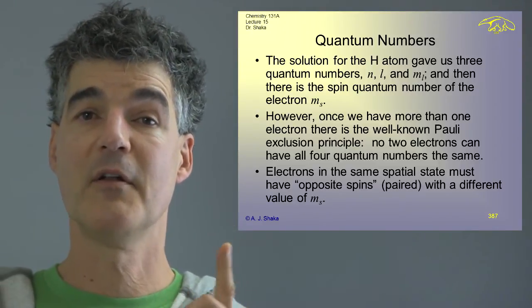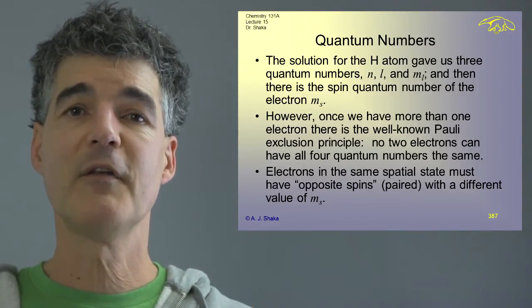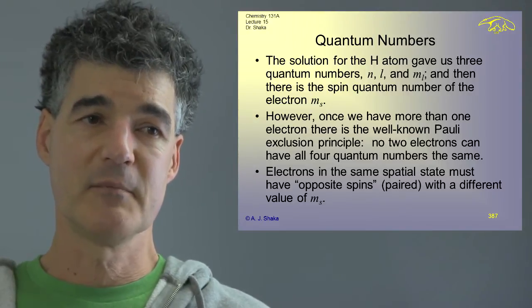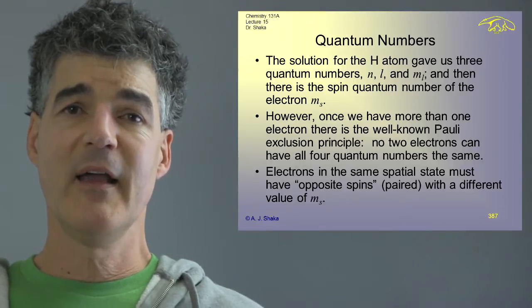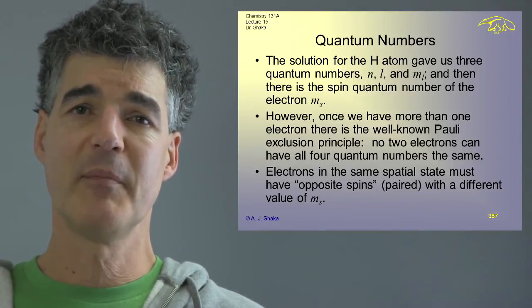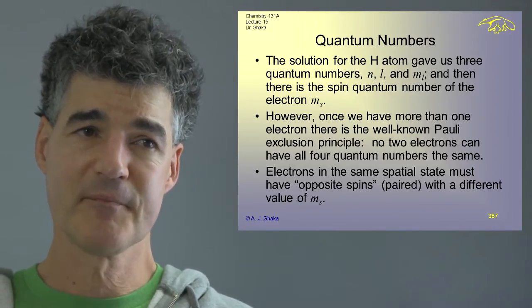One has to be so-called up, and the other has to be down. In other words, they have to be paired. We'll see a little bit later what that actually means. And so, as I said, electrons in the same spatial orbital have to be paired up magnetically with respect to the spin.